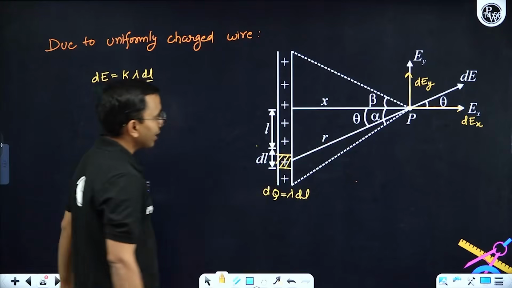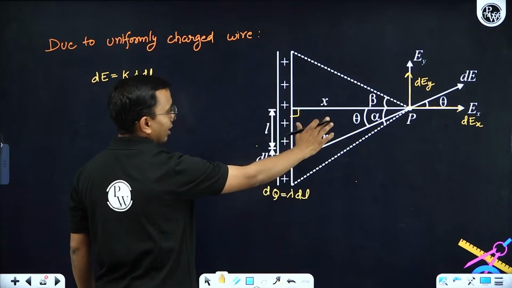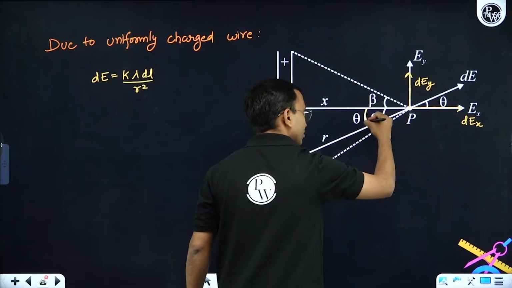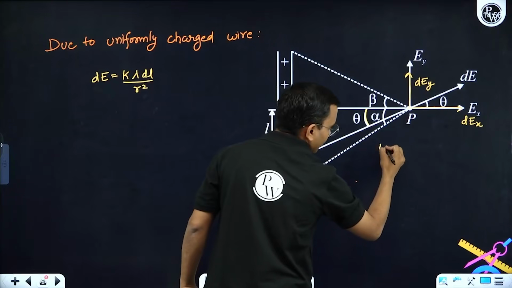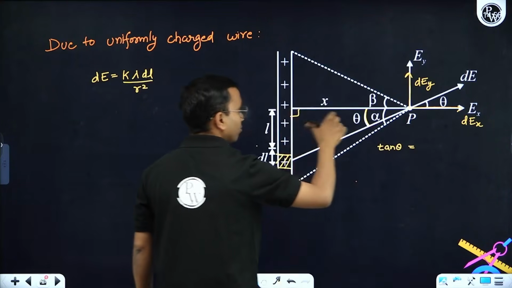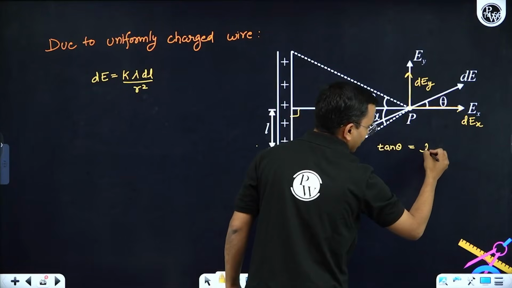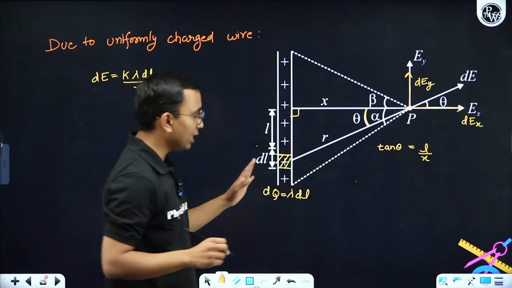So in this right angle triangle, this angle is theta, not alpha, this is theta. So if I write tan theta, what is tan theta? Perpendicular by base, L by x. Simple. X is a constant, L is variable.